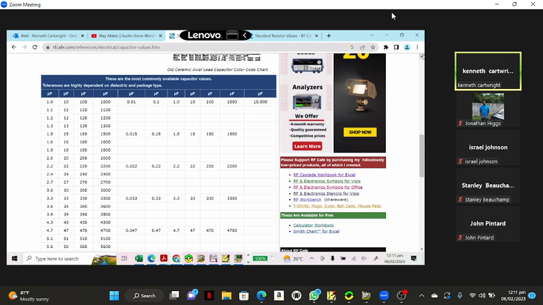So we want 1.5 times 10 to the minus 10. Is that 1500 or is that 150? 150 times 10 to the minus 12 is 1.5 times 10 to the minus 10.